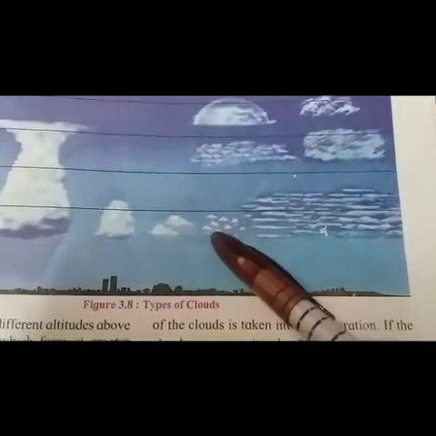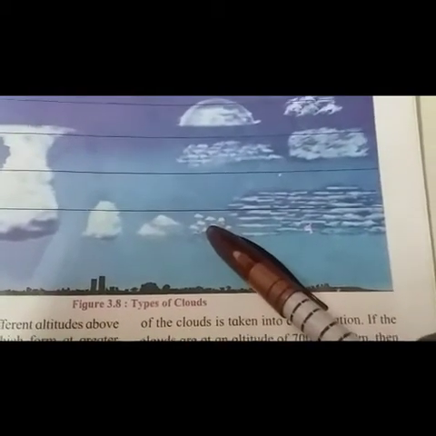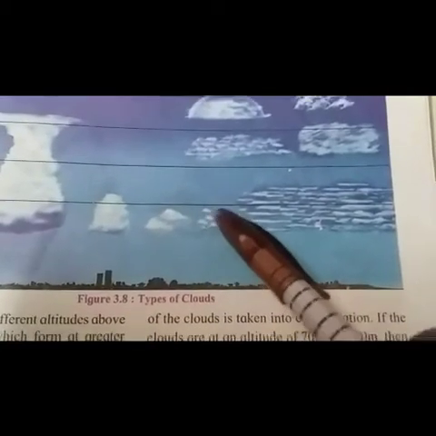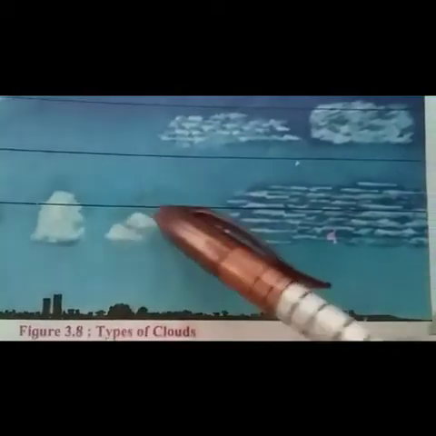Their color is white to earthy. Round clusters of clouds can be seen here. Stratus clouds also have layers. They are ash colored and their base is uniform.